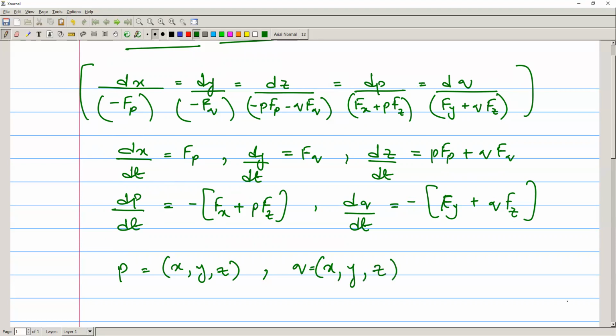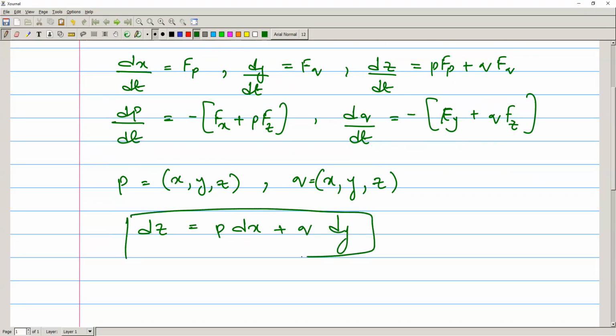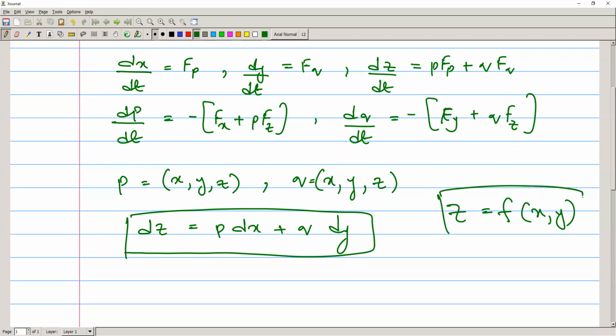That is our objective. And then we have to apply this equation, dz is equal to p times dx plus q times dy. And then we will solve this equation for a function z in terms of x and y.